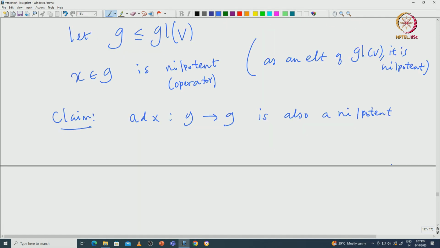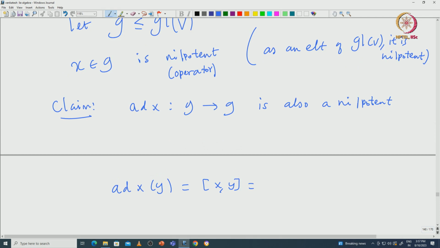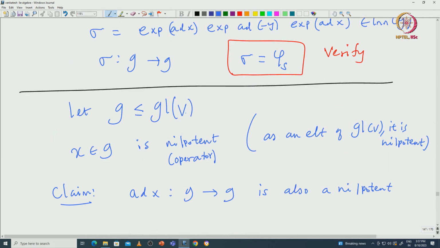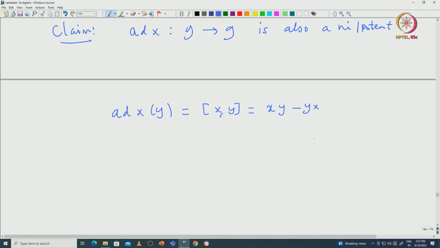How to see this? Note that ad x is given by the bracket of x and y, but this bracket is happening inside this linear Lie subalgebra. So this is a commutator bracket, just xy minus yx. The best way to think about ad x is as a sum of two maps.